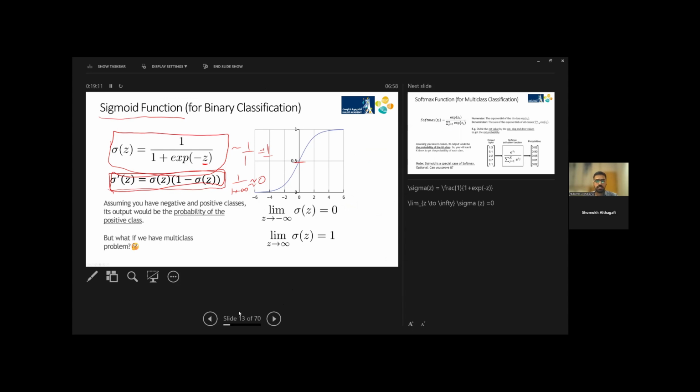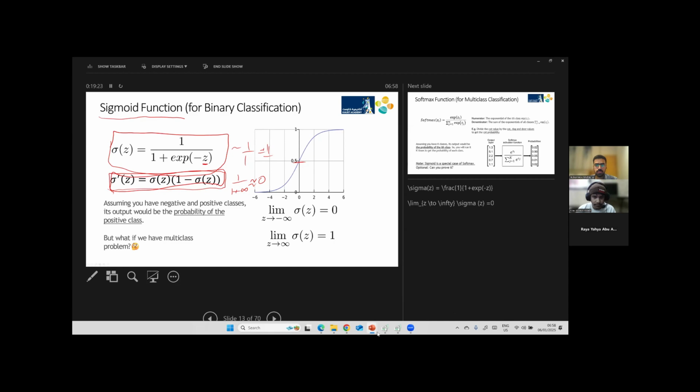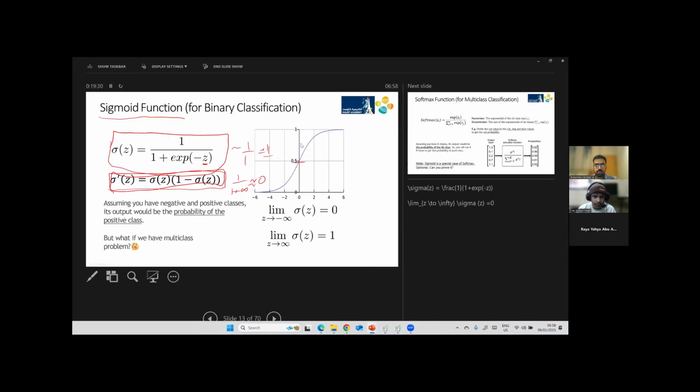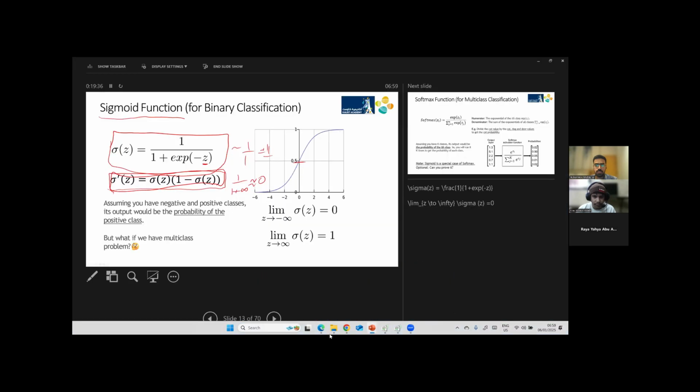You can still see my screen, right? Yes, it is clear. I think it's not.